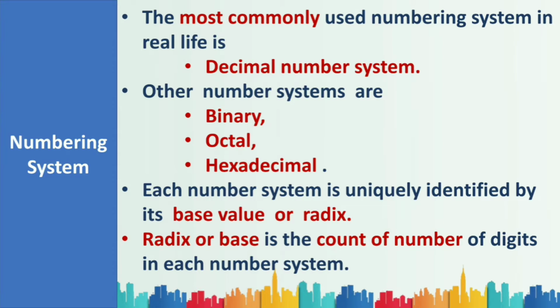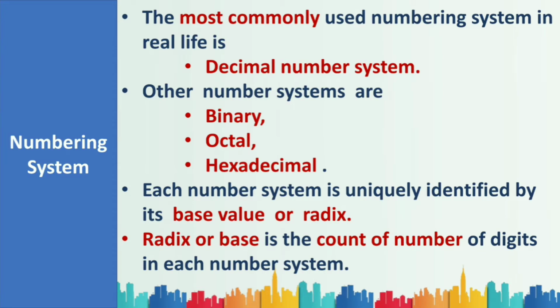Other than decimal number, we have binary number, octal number, and hexadecimal number. All these three are mainly used for the electronic device, that is the computer, and the decimal number is used for real life. Each number system is uniquely identified by its base value or radix, which is the count of the number of digits in each number system.